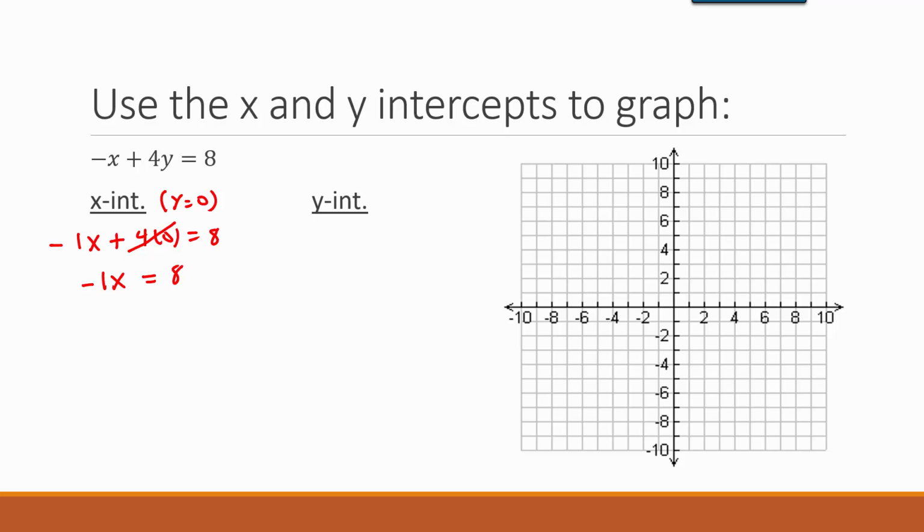So now we have negative 1 times x equals 8. Divide by negative 1, and x is equal to negative 8. Okay, so the coordinates of that point would be (-8, 0).